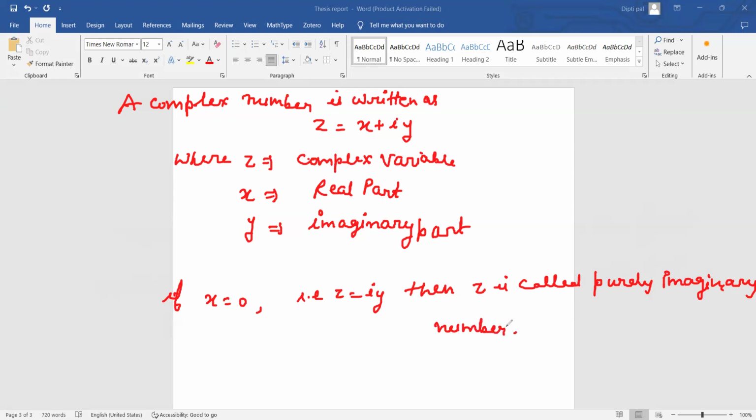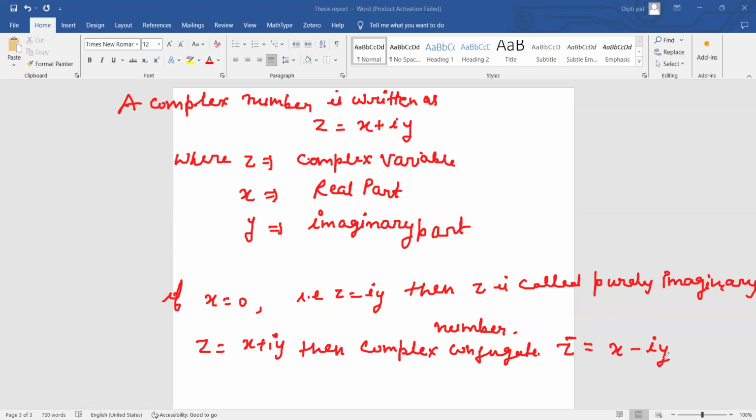The complex conjugate. If we have a complex number x plus iy, then the complex conjugate is denoted by z bar, and this will be equal to x minus iy. Means you have to replace i with minus i to find the conjugate of any complex number.